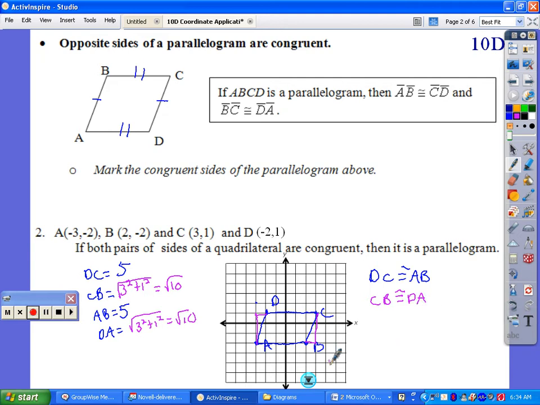So we know that both pairs of opposite sides are congruent, so ABCD is a parallelogram, because DC is congruent to AB and CB is congruent to DA. So that's our second coordinate proof.